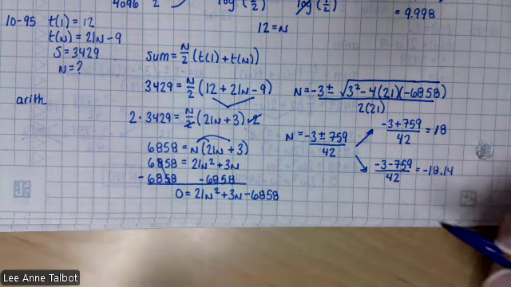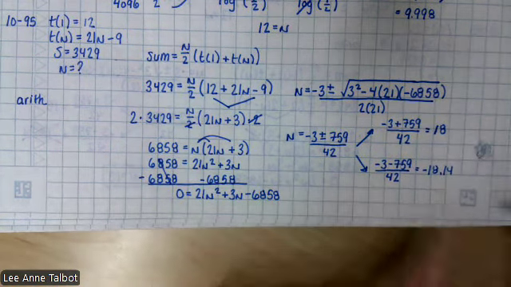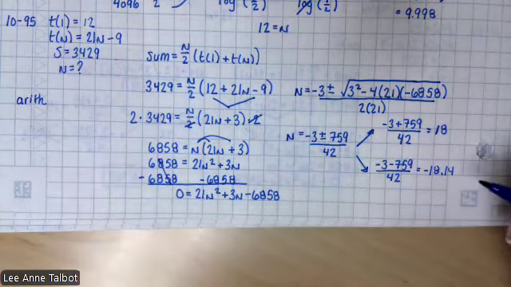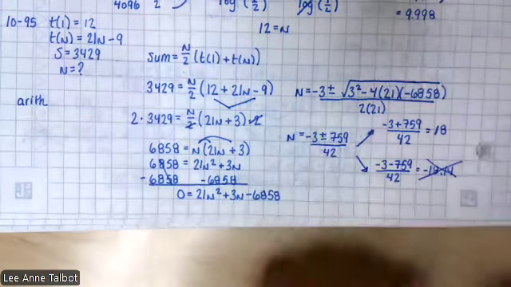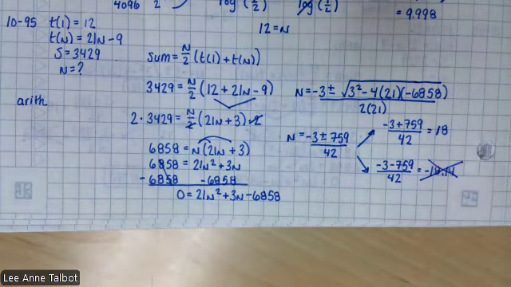There's only one correct answer. You can tell this one's not because it's negative and it's a decimal. So it's very easy to tell. I don't even expect you to do the other one. You know that only one of the answers is going to be correct, so we didn't really need to show any of this, because you have to get a positive whole number. Now, for me, I'm a nerd, so I'll spit it out. You don't need to do the minus.